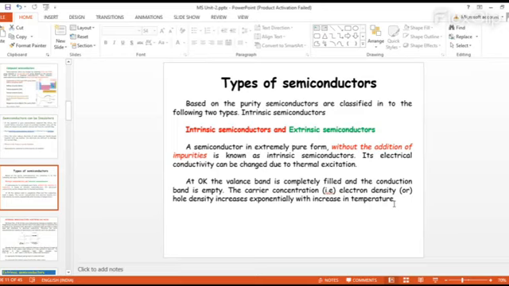Therefore, there will be an electricity flow, a current flow. At 0 Kelvin, the valence band is completely filled and the conduction band is empty. So that is why we say that intrinsic semiconductors at 0 Kelvin behave like an insulator.